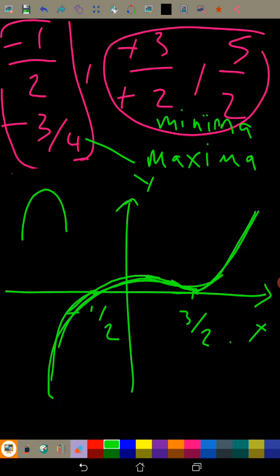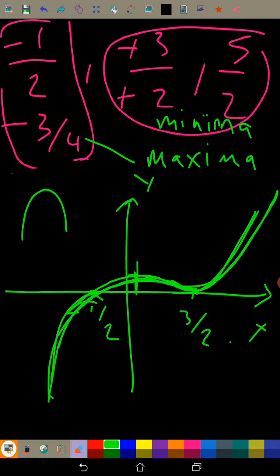What about something like that? I think no, it can't be, because it looks like there is another turning point here. This is a maxima.